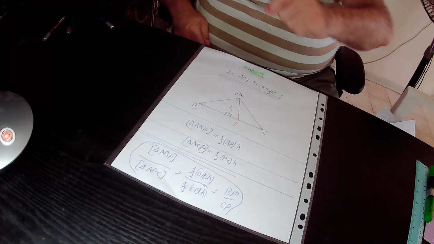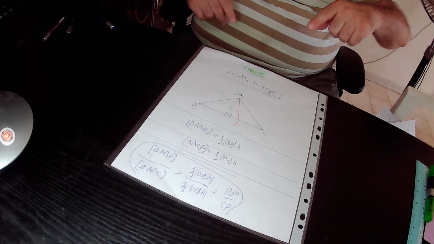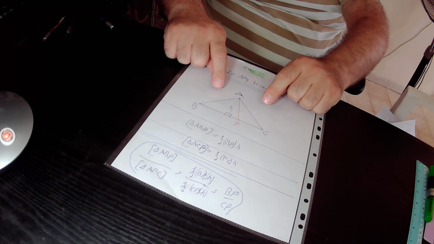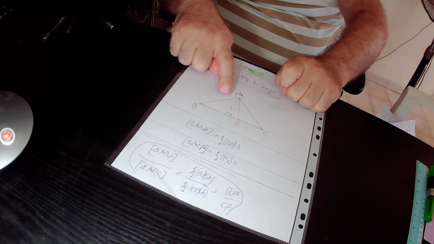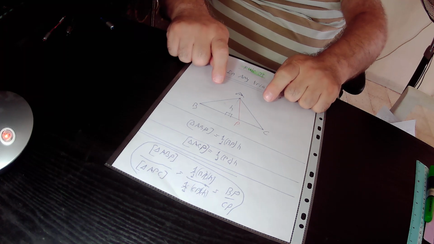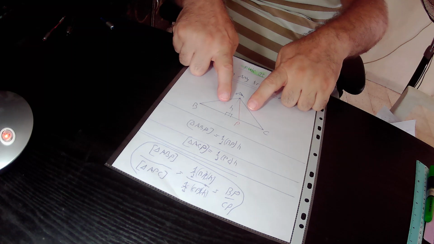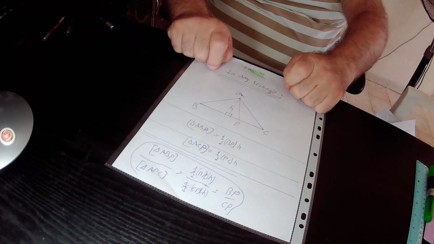In this triangle ABC, if you draw line segment AP, it will divide the big triangle ABC into two small triangles. The first small triangle is triangle ABP and the second small triangle is triangle APC. Rule 23 talks about those two small triangles that were created by the line segment AP.